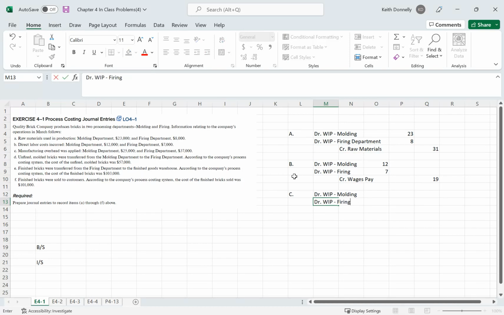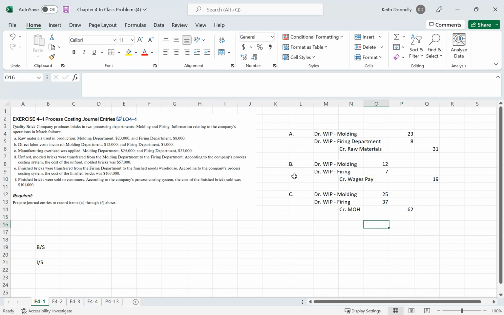Debit WIP for the firing department, then we're going to credit manufacturing overhead. This is that applied manufacturing overhead, so we're crediting it. For C, it was 25, 37, which means our manufacturing overhead has to be 62.